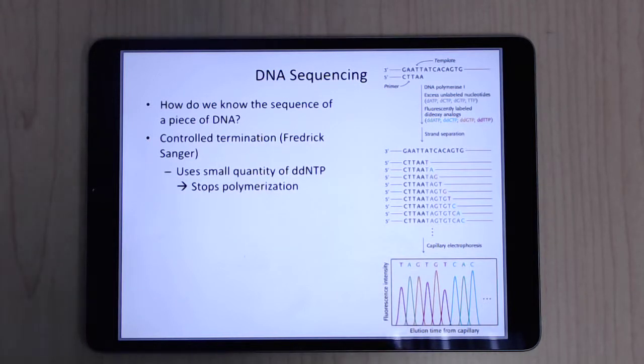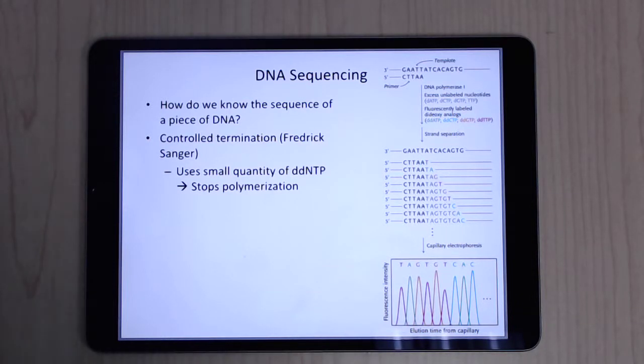The way this works is that it uses a DNA polymerase in a PCR type reaction, which we'll talk about in a second. It puts in the normal dATPs, the monomer nucleotides, but it also puts in a small amount of the dideoxy, which removes the OH at both the 2' and the 3' part of the sugar.